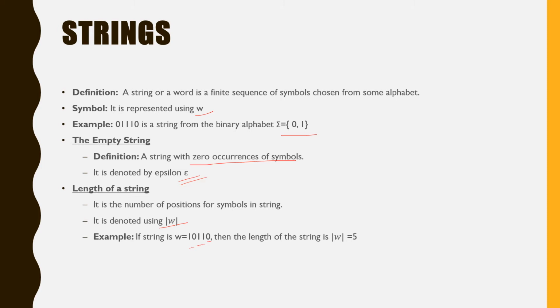So it is not the number of characters in a string. If we use the number of characters or number of symbols, then there are only two symbols, 0 and 1. But even though the symbols are repeated, we have to take them into account when considering the length, and hence we define it as the number of positions for symbols in the string.